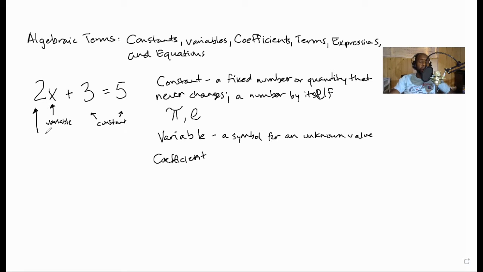So 2 is what's called a coefficient. In other words, a coefficient is a number that appears before a variable. The variable is x, so the coefficient is 2.